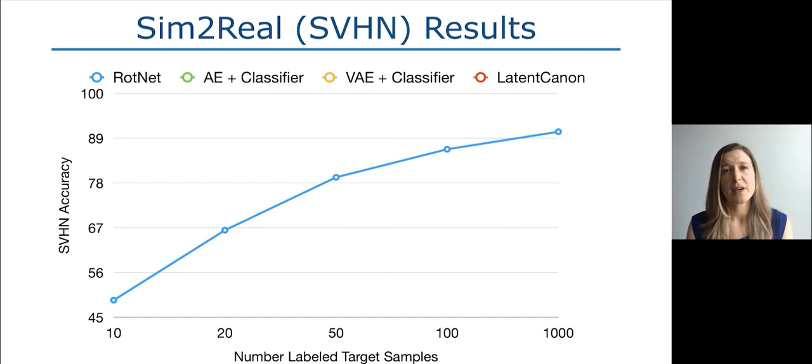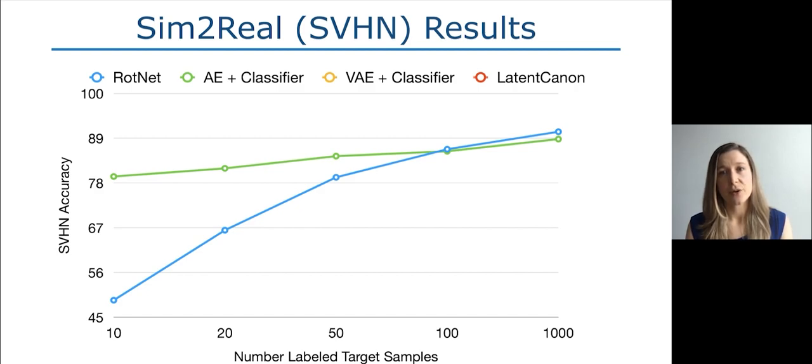The first being the autoencoder, together learned with a classifier. So again, we're trying to do digit recognition here, and it turns out that when you train with a task loss in simulation, it is surprisingly more effective at transfer to the real application of the task.